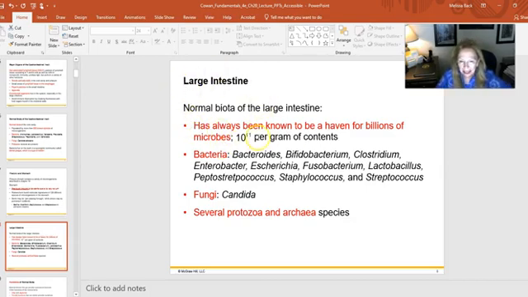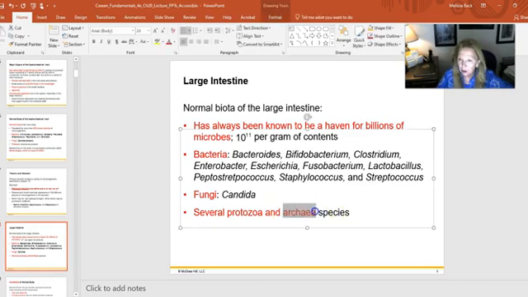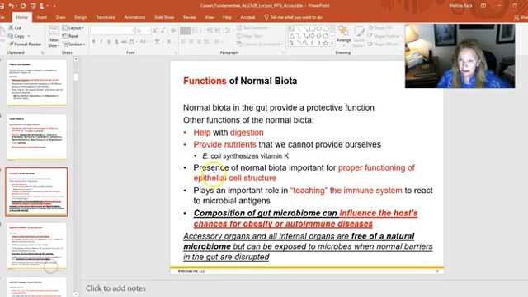The large intestines, again, is just filled with microorganisms. Again, many different types of species. There are even some people who actually are colonized with the Archaea group, which we tend to think of as the ancient descendants of the ancient domain of Archaea. But there are about 20% of the population that actually do have these, and they even produce methane. So anyway, the normal flora is protective. It helps with digestion.